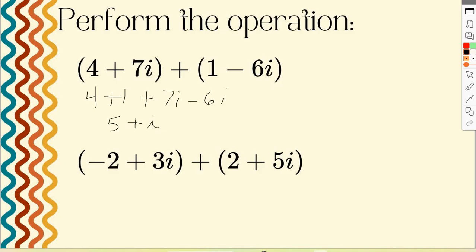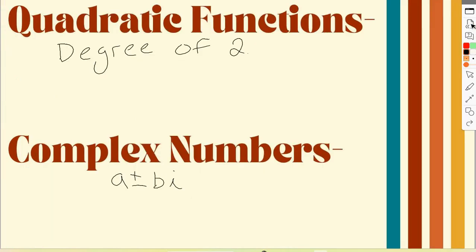We're adding the real parts and the imaginary parts. But then on the next one, -2 plus 2 gives us what? 0. So we just end up with 8i. Yes?